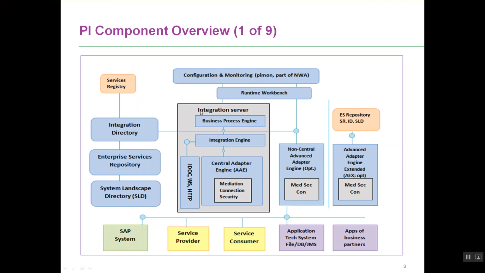As we were saying, the integration server is the component which is the heart of PI, which is the runtime of PI, and this contains three different engines. One is the central adapter engine where all the connectivity happens. This adapter engine runs on the Java stack of PI. Then you have the integration engine. This is where the pipeline of PI gets executed, and this runs on the ABAP stack.